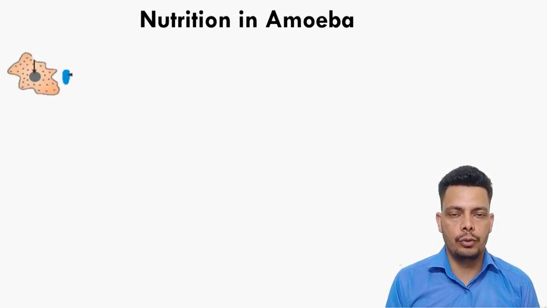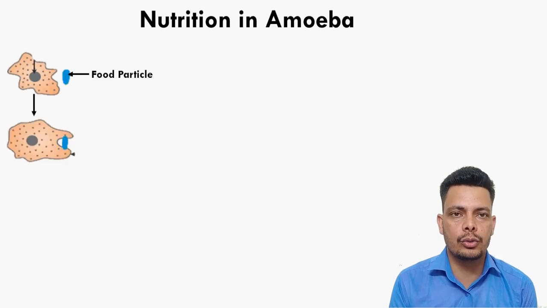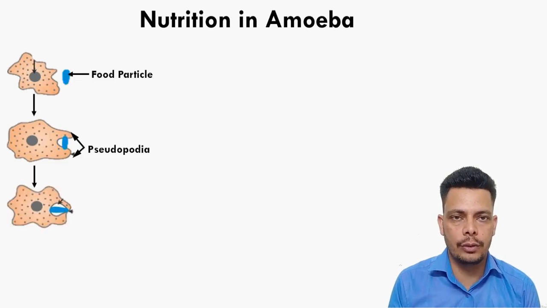Amoeba captures the food. So what is the food of amoeba? The food of amoeba is smaller particles of food present inside the water. It engulfs the food particle with the help of pseudopodia. Pseudopodia are just outgrowths of the cell membrane. So it engulfs the food and makes the food vacuole.